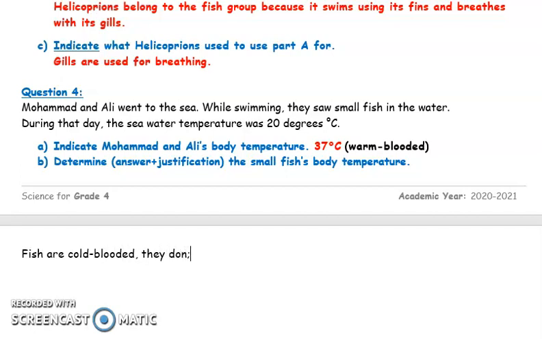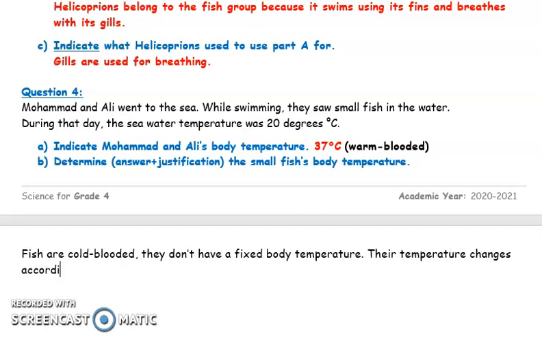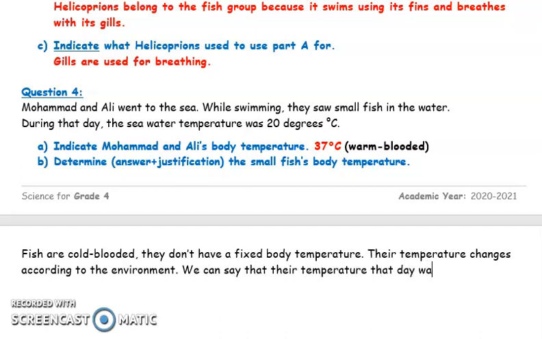They don't have a fixed body temperature. Their temperature changes according to the environment. We can say that their temperature that day was 20 degrees.